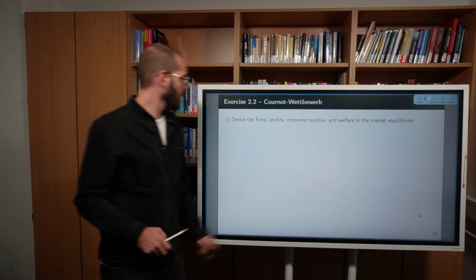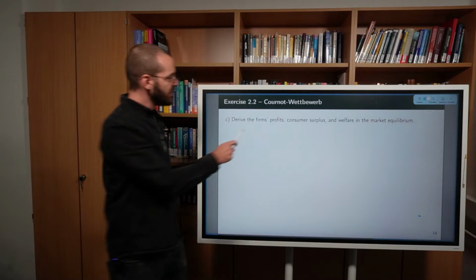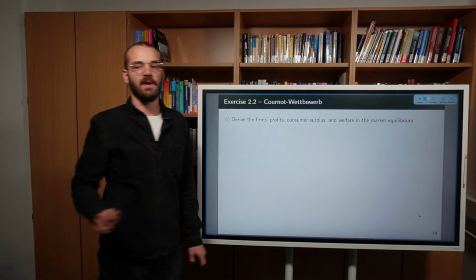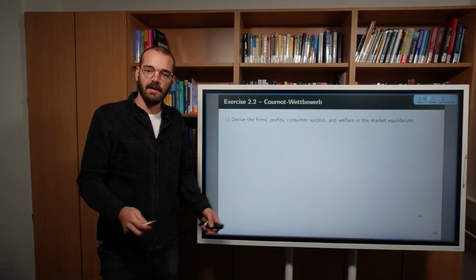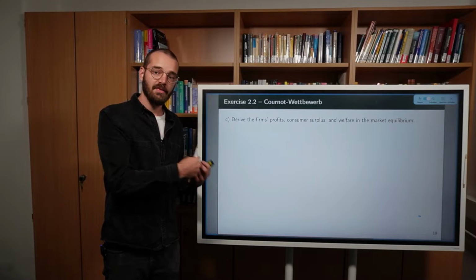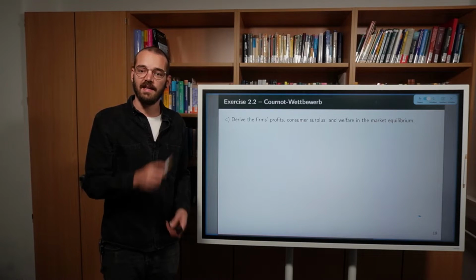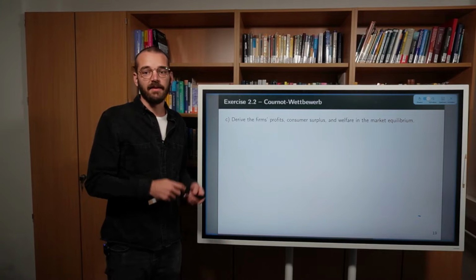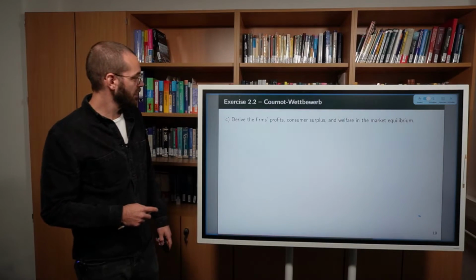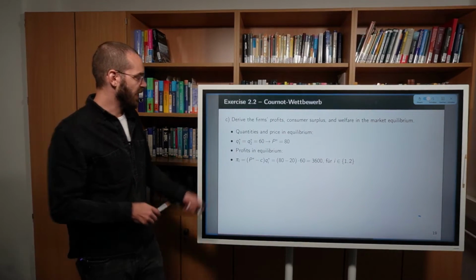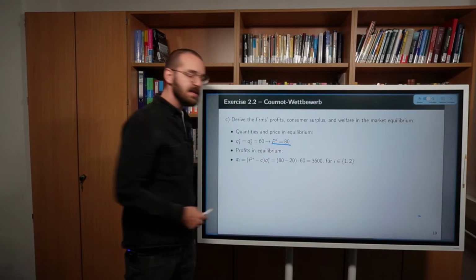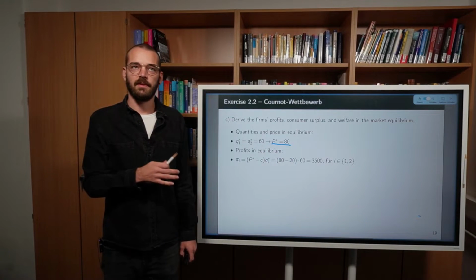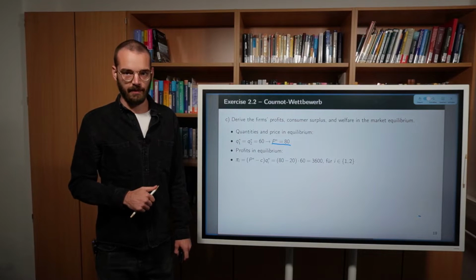Now we are finally asked to derive the firms' profits, consumer surplus, and welfare in market equilibrium. Because we have in the previous task already identified what the profit maximizing quantity in the market is, and for a given demand function, we can now calculate what the resulting price in market equilibrium is.